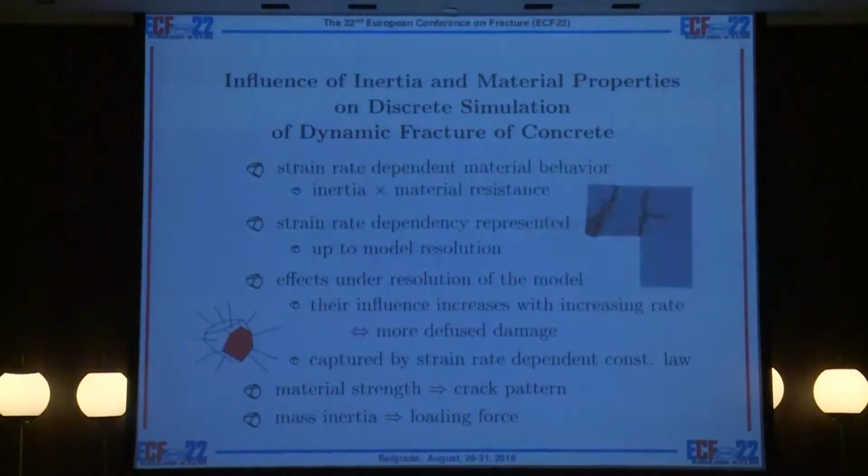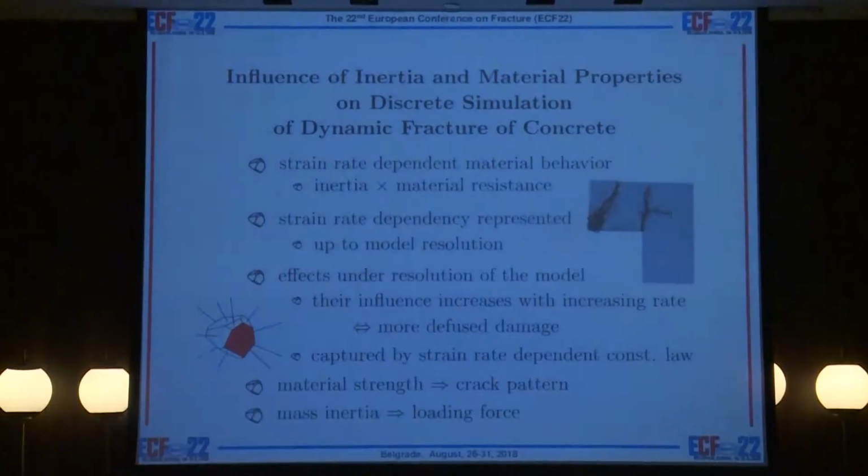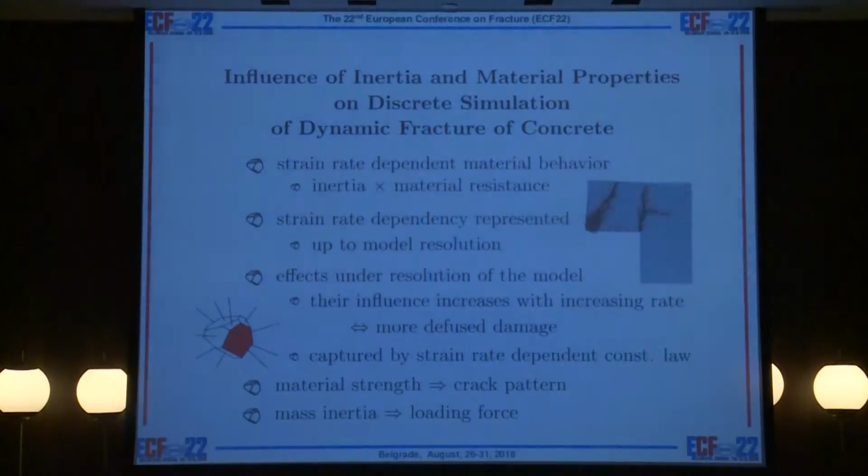Okay, this brings me to the conclusions. First, which is already well known, that the strain rate dependent material behavior can be attributed to 2 phenomena. One is inertia effect and the other is increased material resistance.